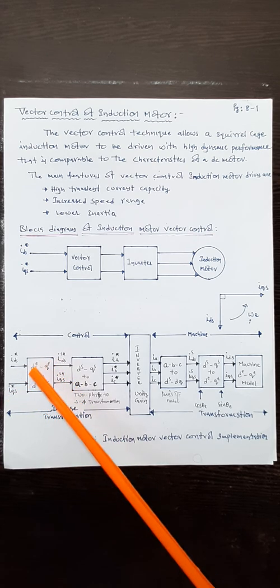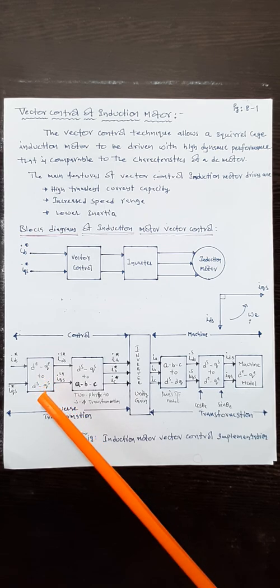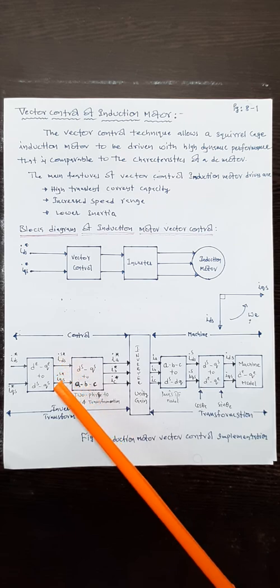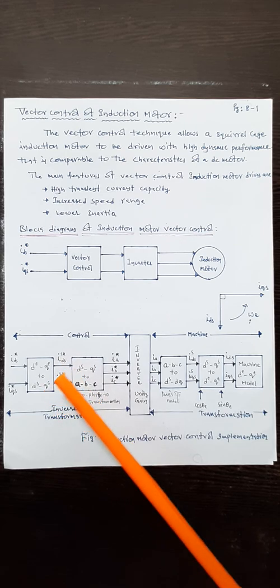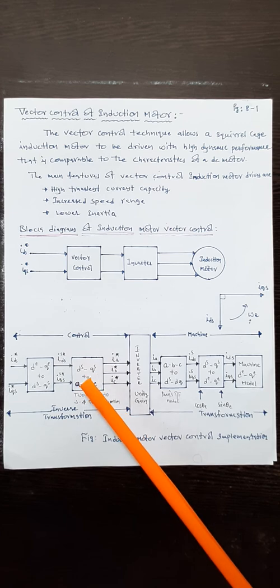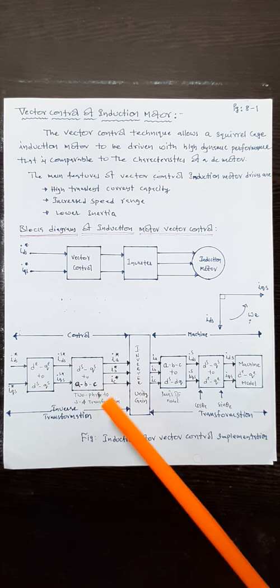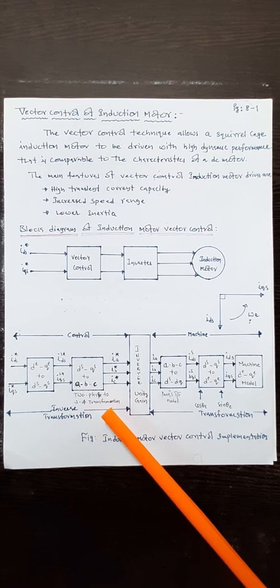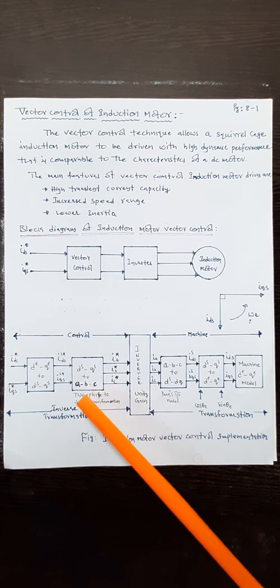These reference signals are to be converted into stator direct axis as well as stator quadrature axis components like IDS star and IQS star. After this, the two phase direct axis as well as quadrature axis stator currents are to be converted into three phase currents, ABC currents, with the help of a suitable transformation technique, that is the two phase to three phase transformation.